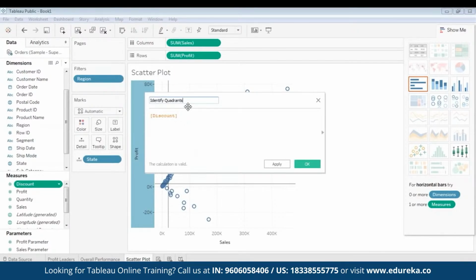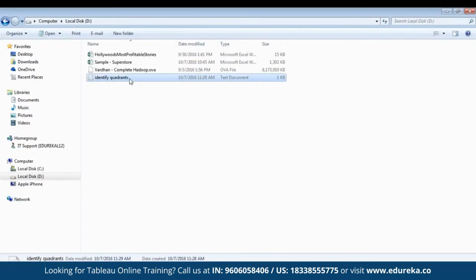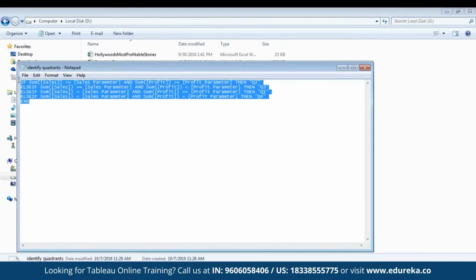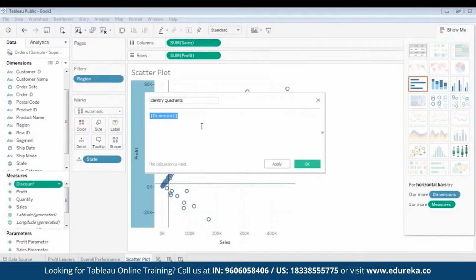So I want to name my quadrants wherever my data is lying, different state data. So different plots of my states, I want to differentiate by quadrants. This is the pane where you need to put your condition to identify the quadrants. I already have that condition, guys. I will explain you this condition. Just give me a couple of minutes. Let me just put this condition over here first.